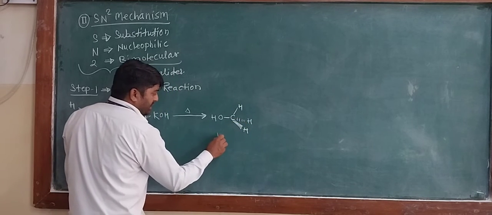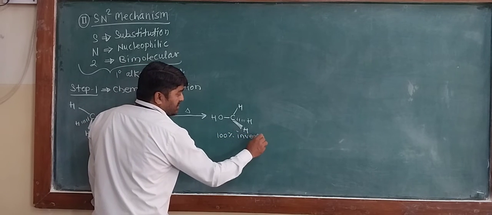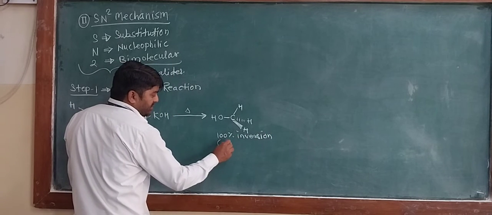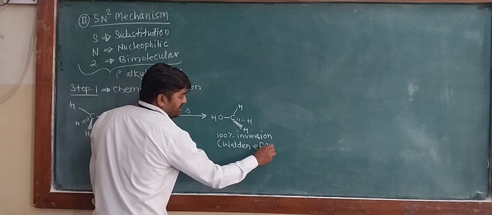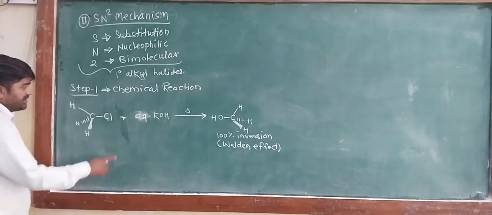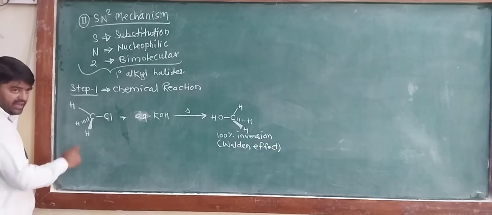So here is the 100% inversion of configuration. Inversion of configuration is called the Walden effect, or 100% inversion. You get the product with 100% inversion of configuration because OH minus attacks from the back side of the leaving atom.